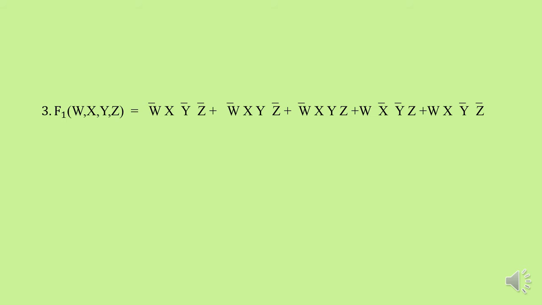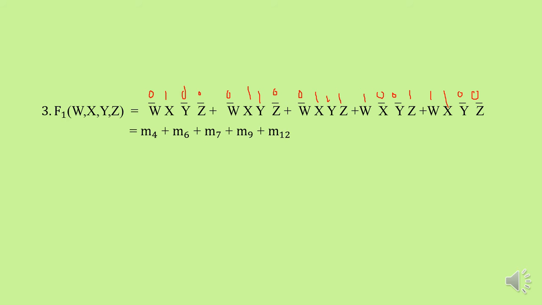Again, it is represented by 0, 1, 0, 0. Again this is 0, 1, 1, 0. This is 0, 1, 1, 1. This is 1, 0, 0, 1. This is also 1, 1, 0, 0.